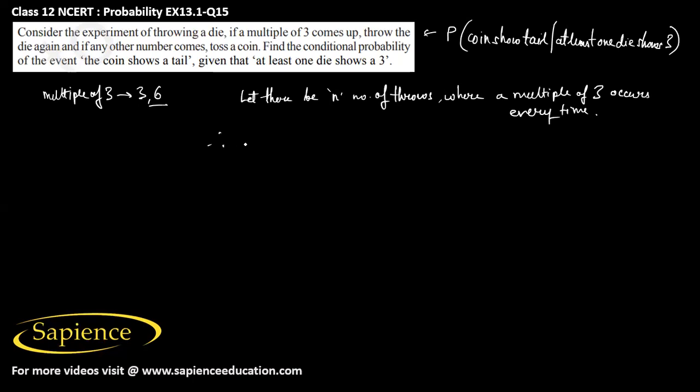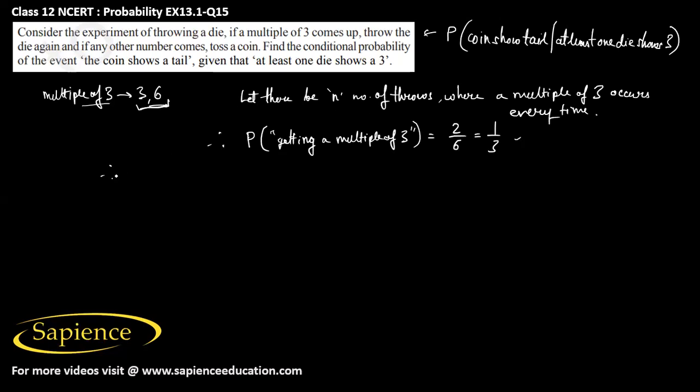So the probability of getting a multiple of 3 in a single throw of a die would be 2 by 6, so that would be 1 by 3, since in 2 outcomes we are getting a multiple of 3 and there are 6 possible outcomes.